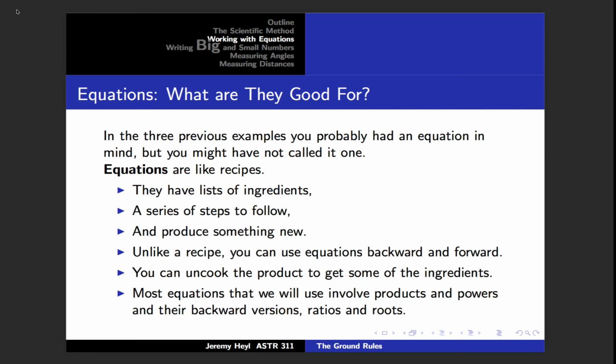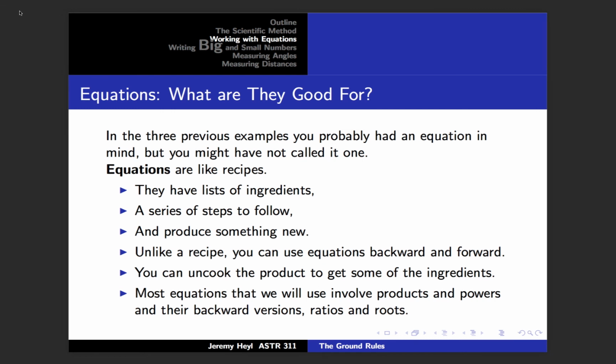So we're going to go through a bunch of strategies like the ones we used today, but in more detail, of how to deal with these big numbers efficiently, and getting used to the fact that we will be doing equations in this class. There won't be a lot of it, but we want you to be able to figure things out using numbers.